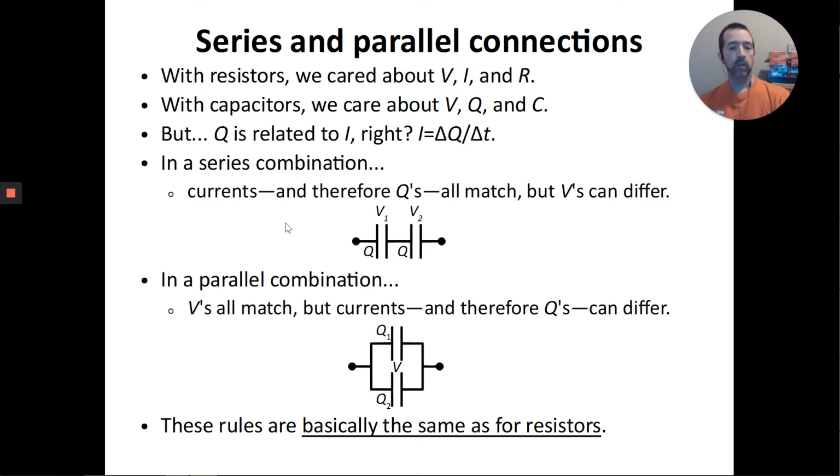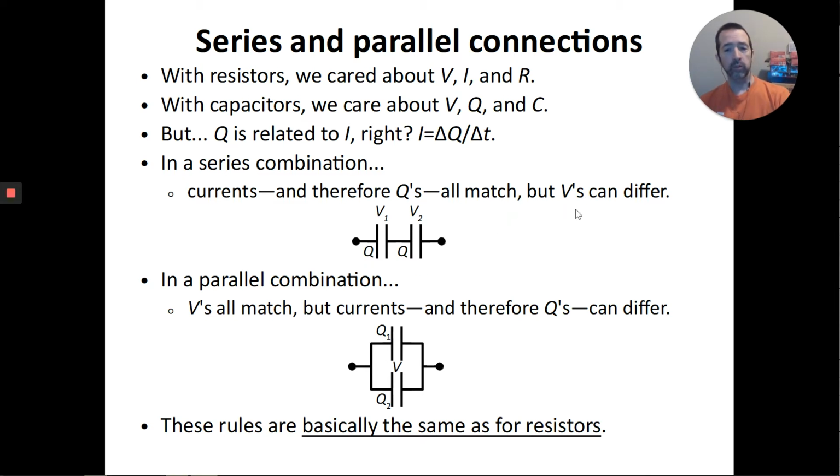So if I have the same amount of current entering this capacitor as entering this capacitor, that means they have to end up with the same Q, because, like I said before, Q is based on the history of all of the current that has flowed in or out. If they always have the same current as each other, that means their Qs are going to match also.